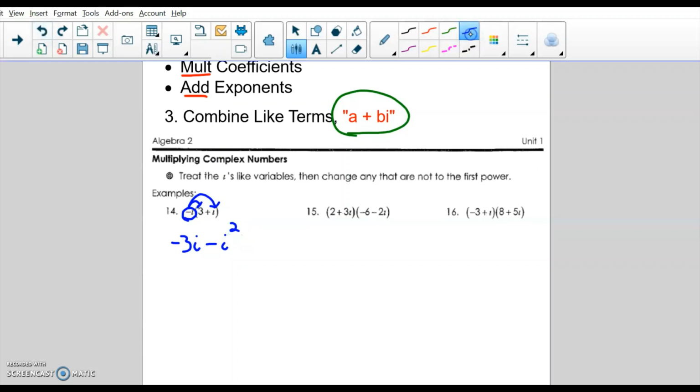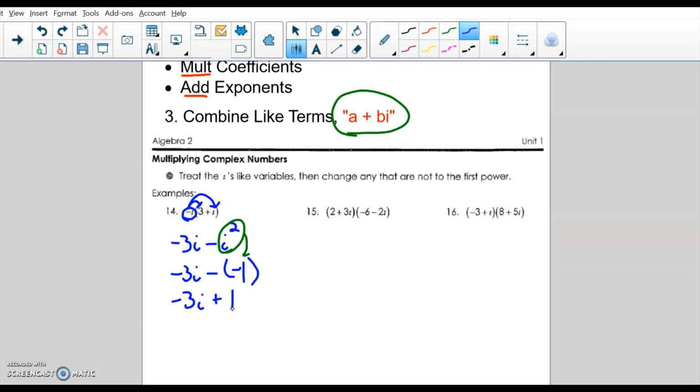For the moment, we will leave the negative 3i as it is, but we're going to change the i squared to negative 1. If you remember, on Monday we talked about the 4 versions of i. That i squared right here turns into negative 1. So to continue simplifying, we have negative 3i, and you get a double negative right here, plus 1.